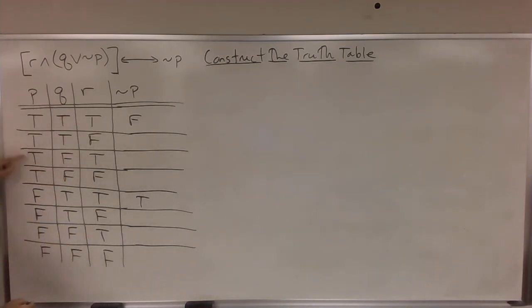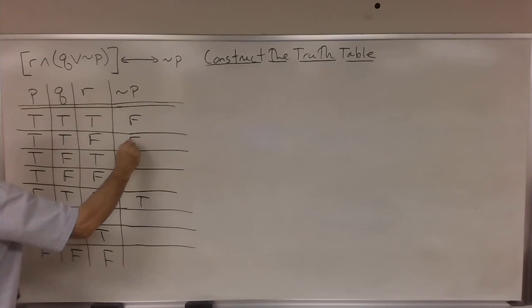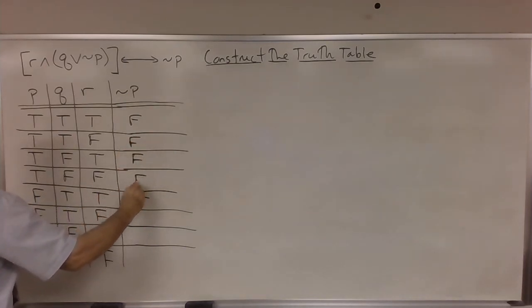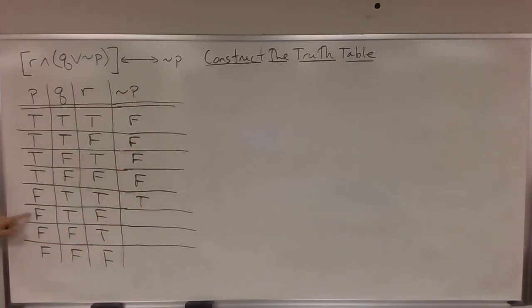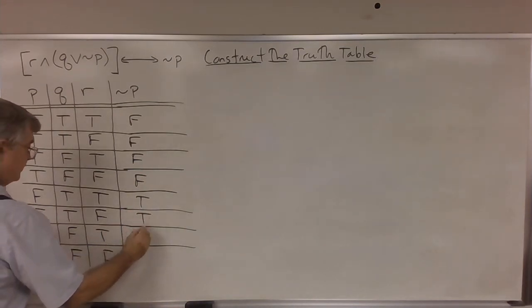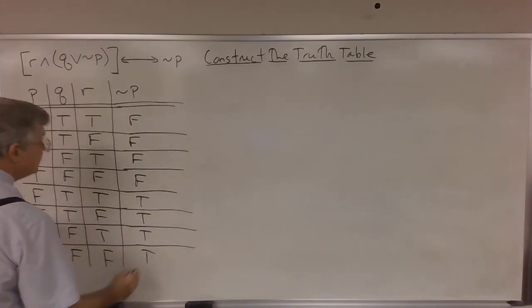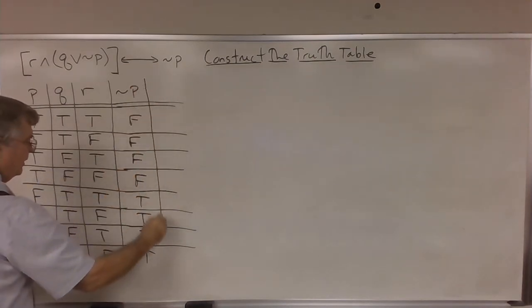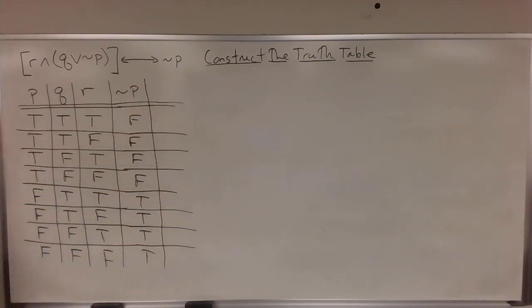So true, true, true, true, false, false, false, false, false, false, false, false, becomes true, true, true, true. Oh, and that was so nice, I hardly had to think at all.